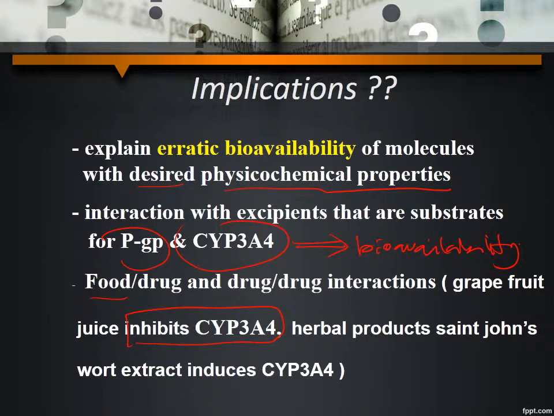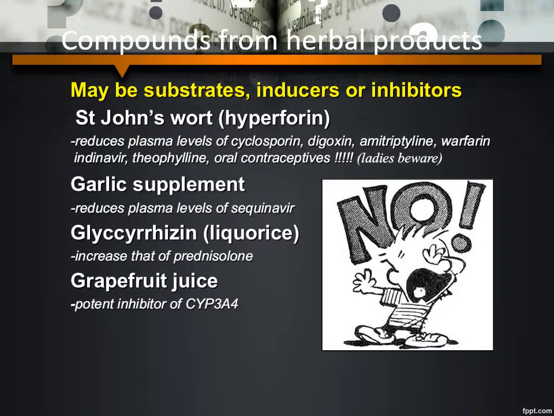But if you have taken food which inhibits CYP3A4, then the drug may increase in bioavailability. Some herbal products, for example St. John's wort, induce CYP3A4. When they induce CYP3A4, it can metabolize an active drug into inactive metabolites, and this can reduce the bioavailability of the active ingredient.